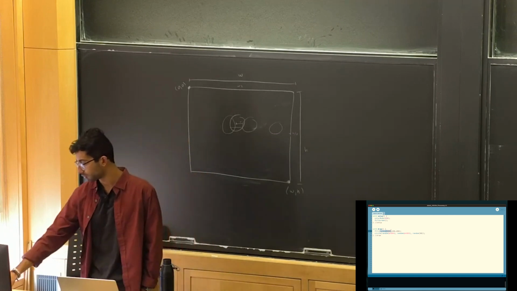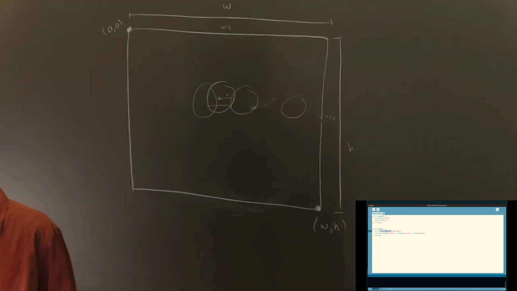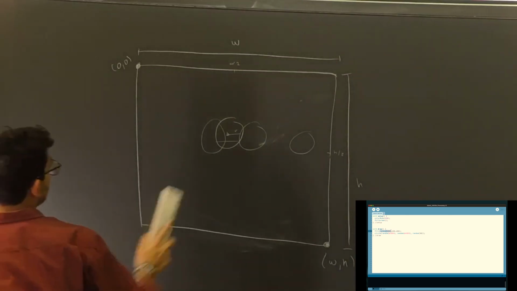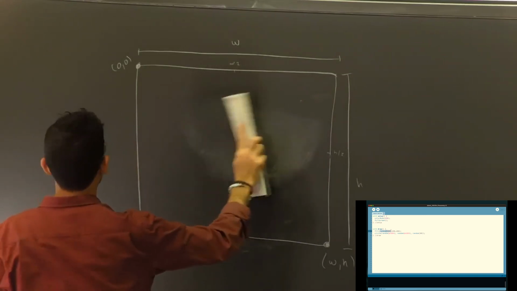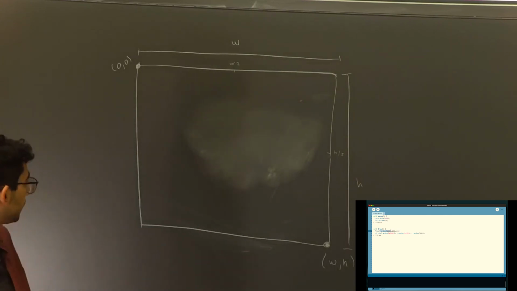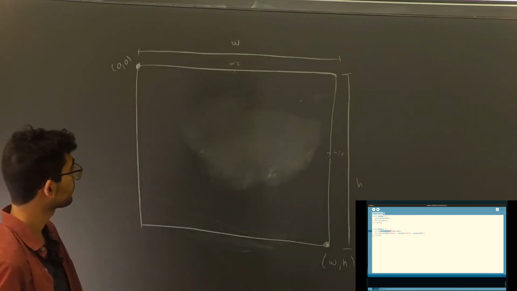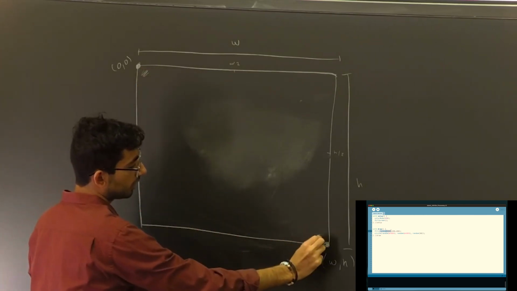So if we go back over to our canvas here, if we take another look at what is happening, maybe the idea is that we can get rid of these circles. Maybe we have random circles throughout our entire canvas, but the color right here is very different from the color right here.